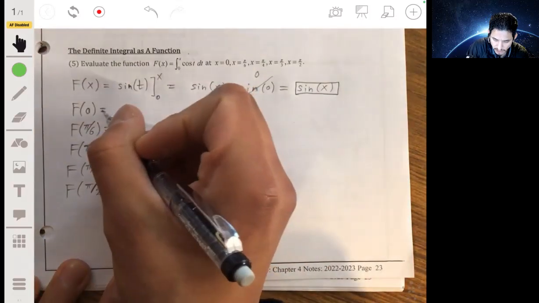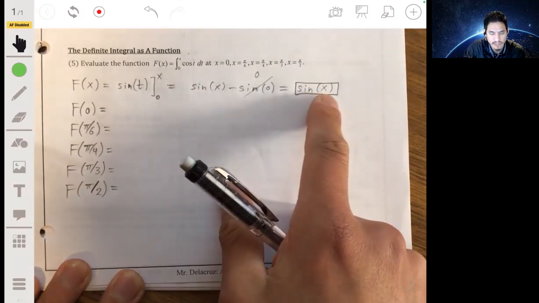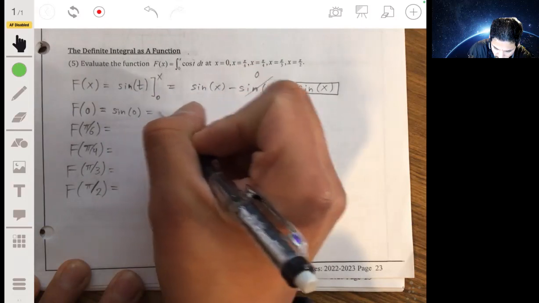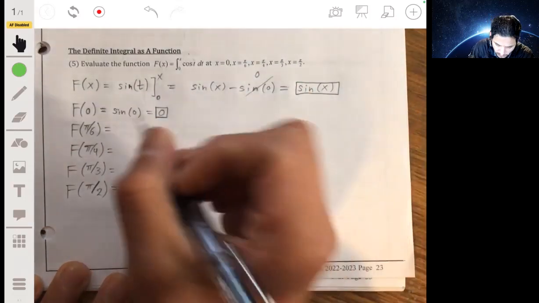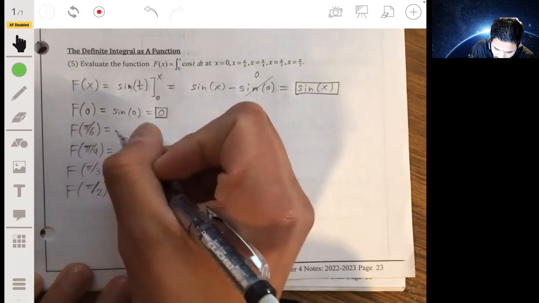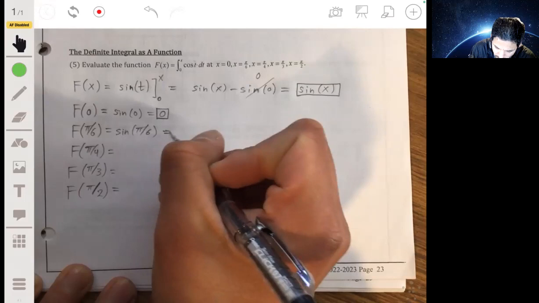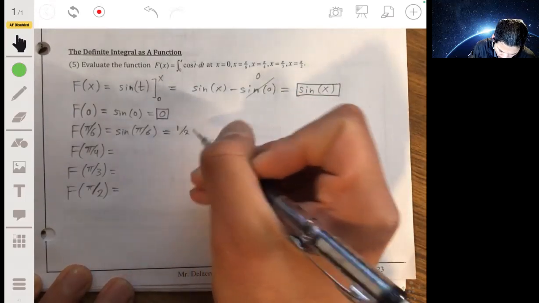Okay, we're simply going to evaluate these by plugging those x values into this. Large F of 0 is just the sine of 0, and so you're just going to get 0. Large F of pi over 6 is just the sine of pi over 6, which will just be, as you should know, 1/2.